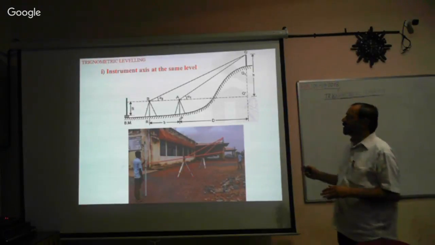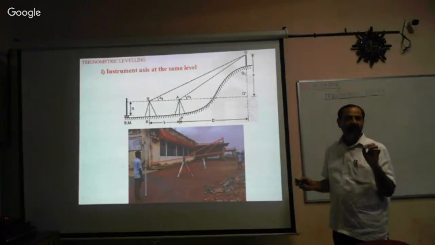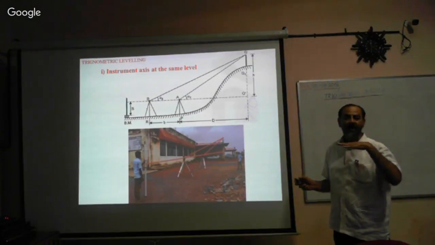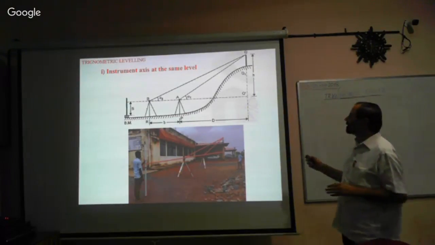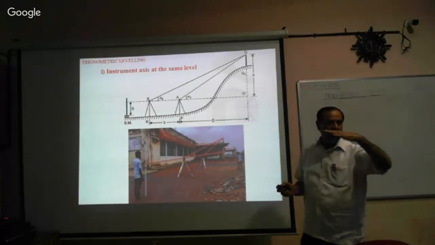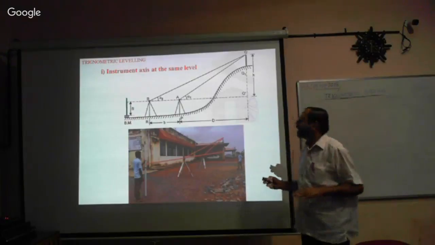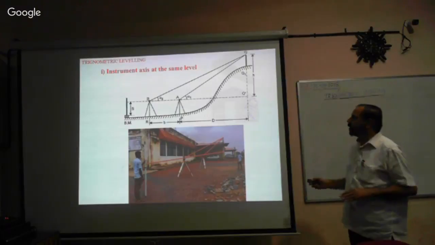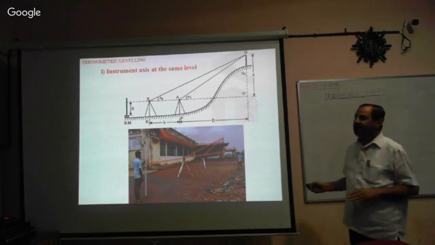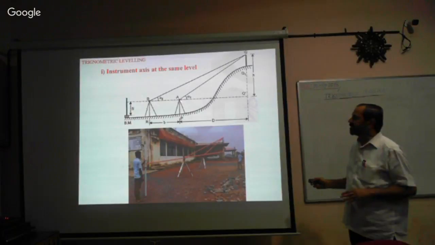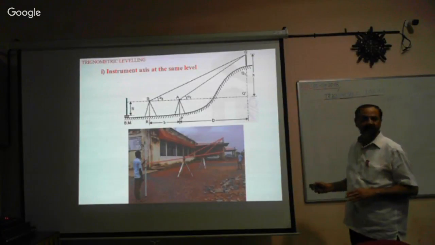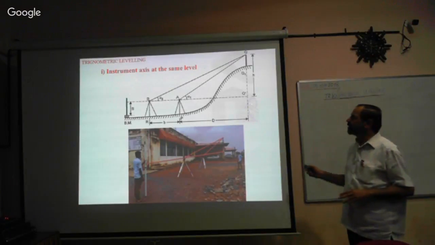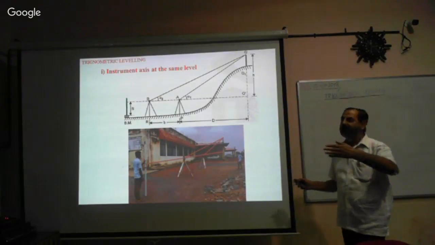H is the elevation of the object, the height of the object above the instrument axis. Please remember this. Now, in this case, there are 2 instrument stations, instrument station A and instrument station B. They are in the same line. The lines of sight of the instrument axes are lying in the same horizontal line.